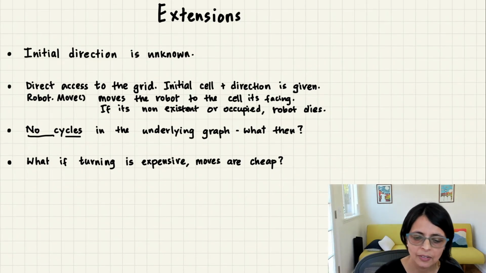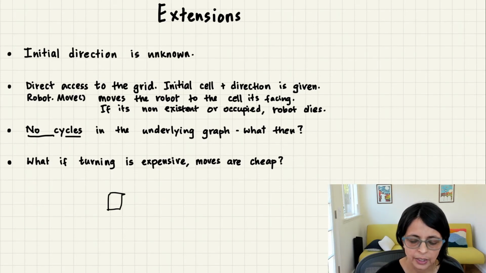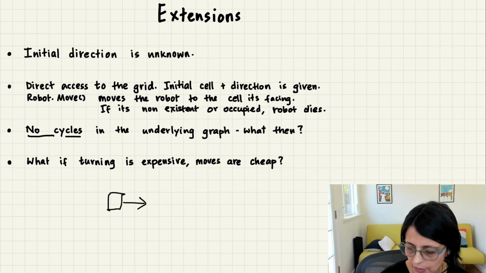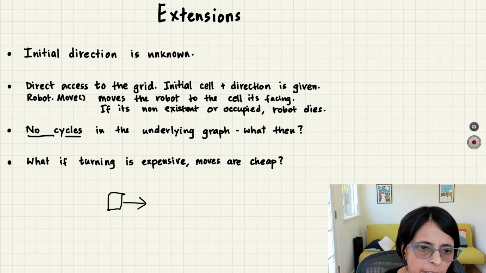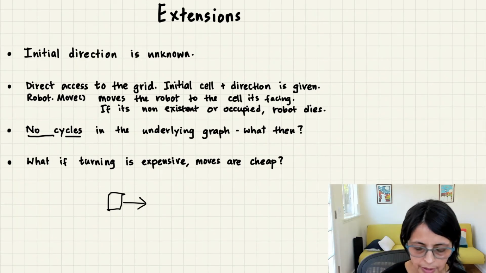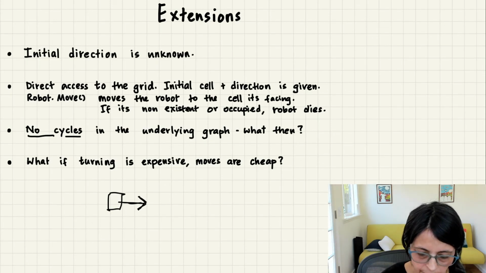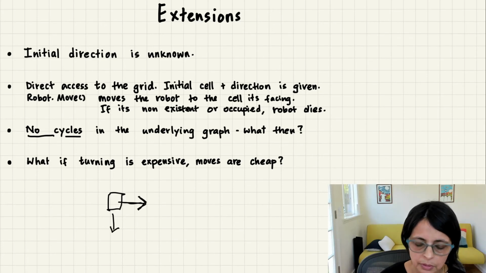So if you have a cell and you have its 4 neighbors, let's say it's facing right when DFS starts on it. So you can try to call DFS on the neighbor to your right. Then you're going to try to call DFS on the neighbor that's down.